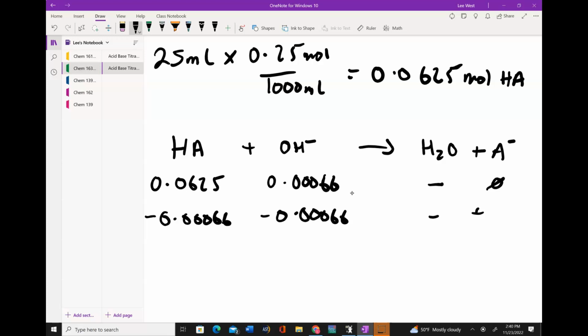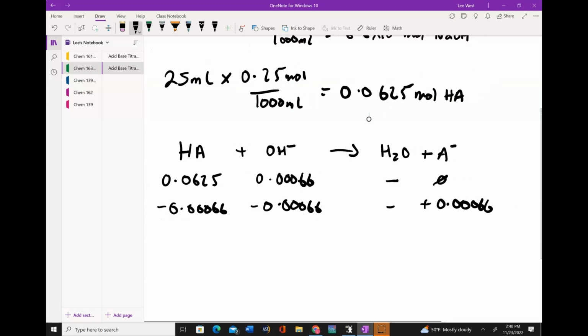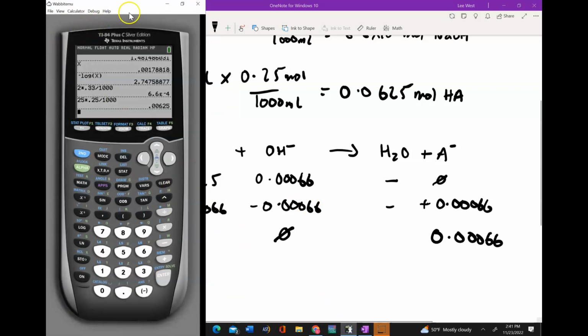The base is going to get entirely used up, and then we're going to form our conjugate base. There we go. So everything's like so. So this just goes down to 0. This goes to the original number of moles of the base, and then we have to do some math here.